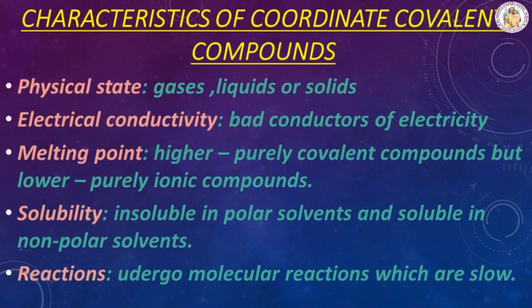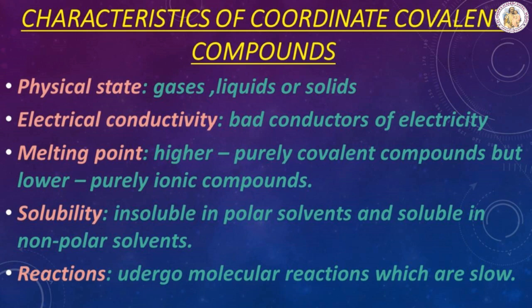Let's see the characteristics of coordinate covalent bond. Compounds containing coordinate covalent bonds are called coordinate compounds. Physical state: these compounds exist as gases, liquids, and solids. Electrical conductivity: like covalent compounds, coordinate compounds do not contain charged particles, ions, so they are bad conductors of electricity.